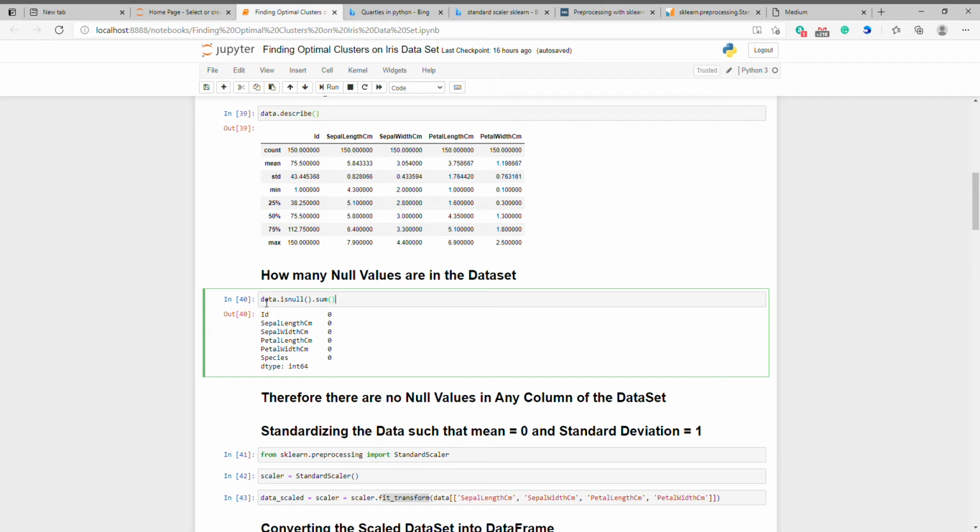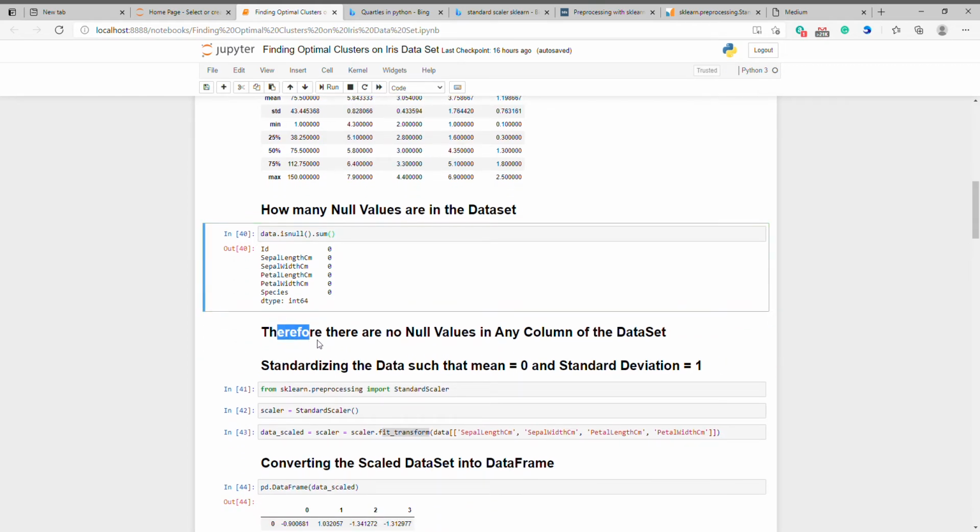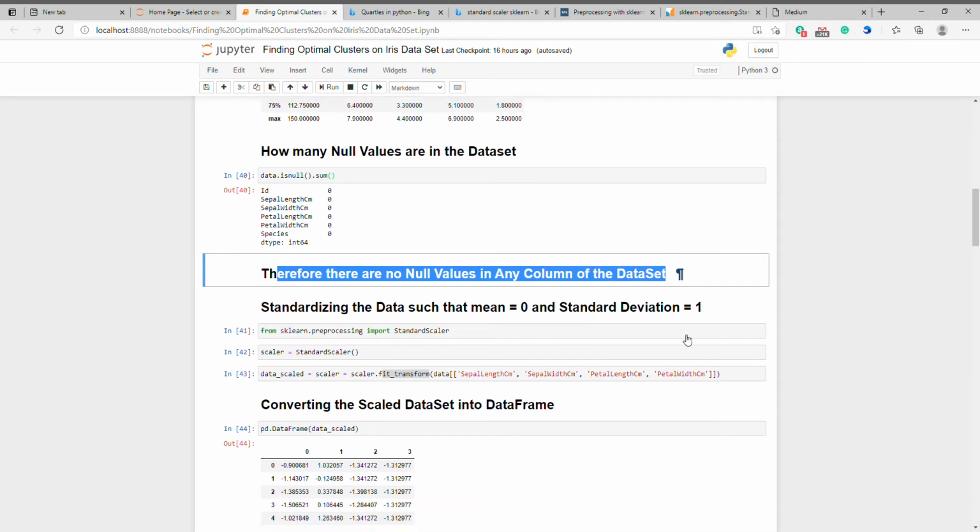So I have invoked the isnull function and dot sum to count how many null values there are in the dataset per column. I have found by executing this line that there are no null entries in any column. Therefore there are no null values in any column of the dataset.